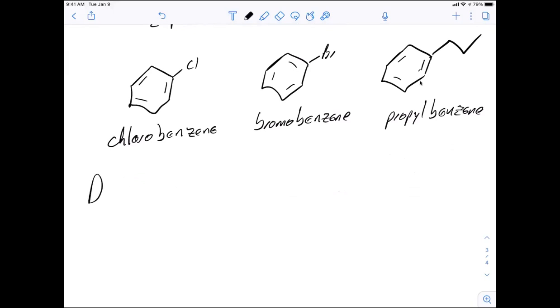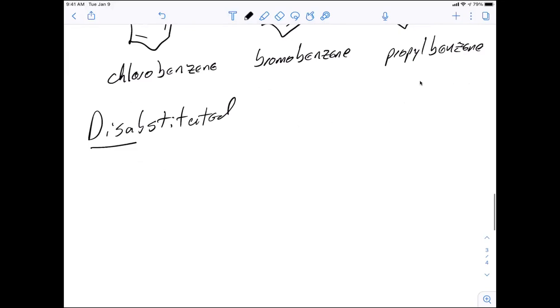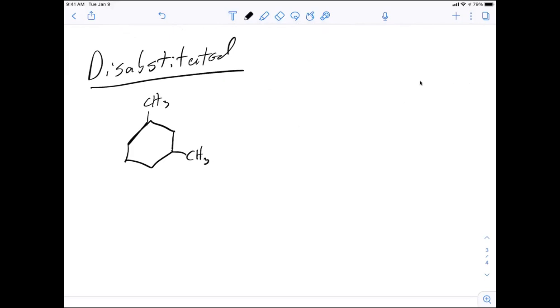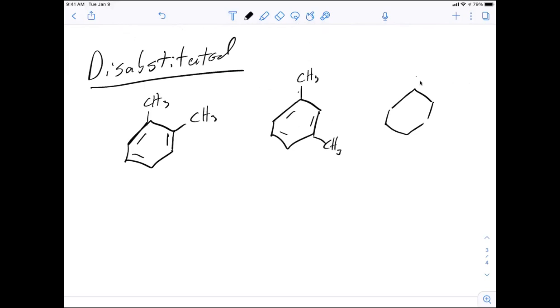Okay. For di-substituted, you can use a simple numbering system for this, or you can use a new set of arrangements.